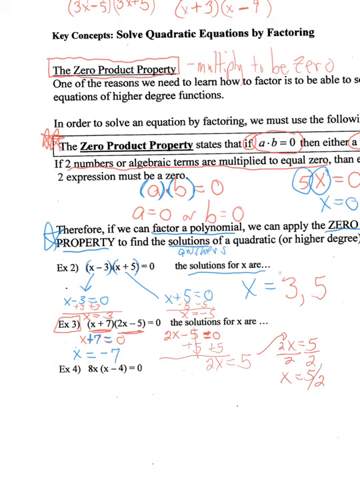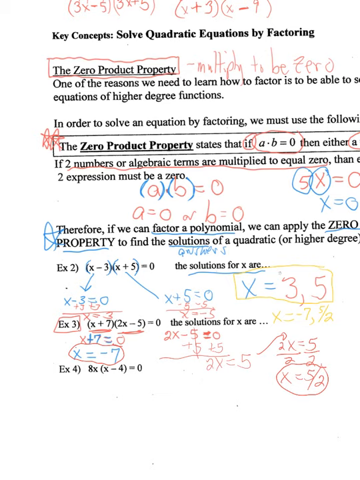So the first answer, we get negative 7, and the second answer, we get 5 halves. So the solutions for x is x equals negative 7, comma, 5 halves. And the first one, we didn't do it in yellow, but we see we got x equals 3 and 5.